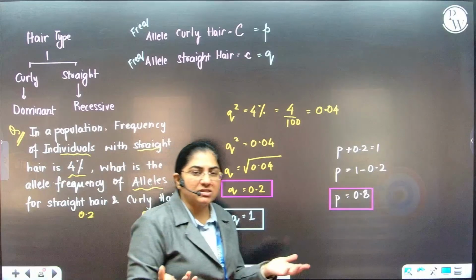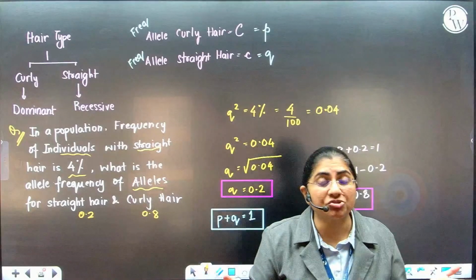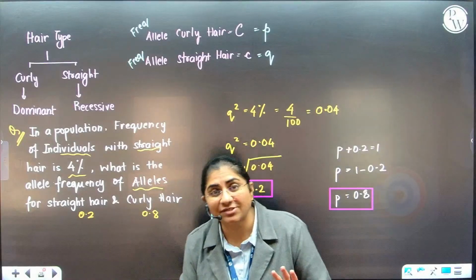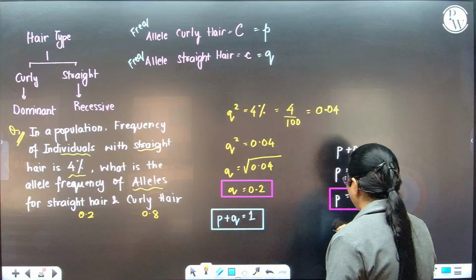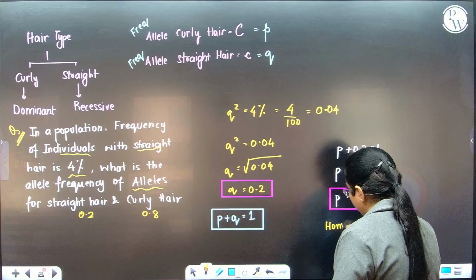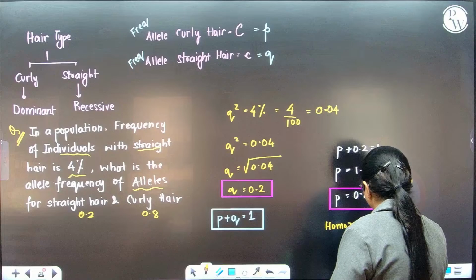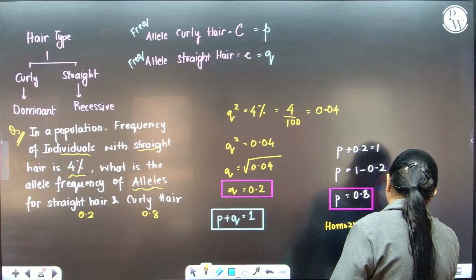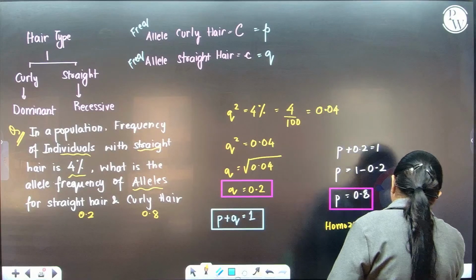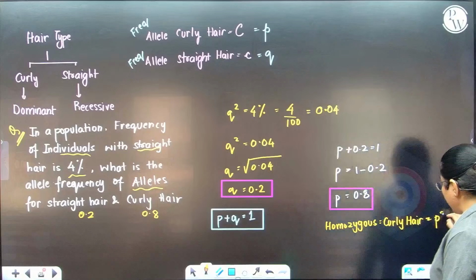Now if they ask us how many individuals will be homozygous for curly hair, what are we going to do? Homozygous curly hair individuals will be p square, right?